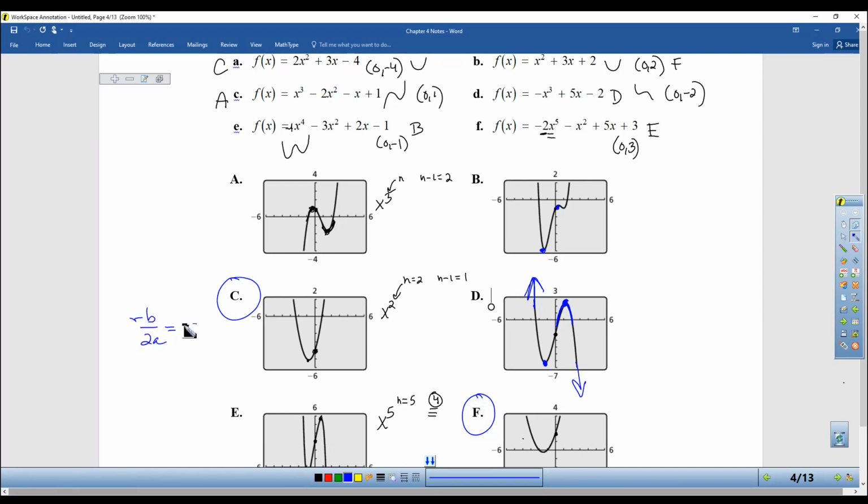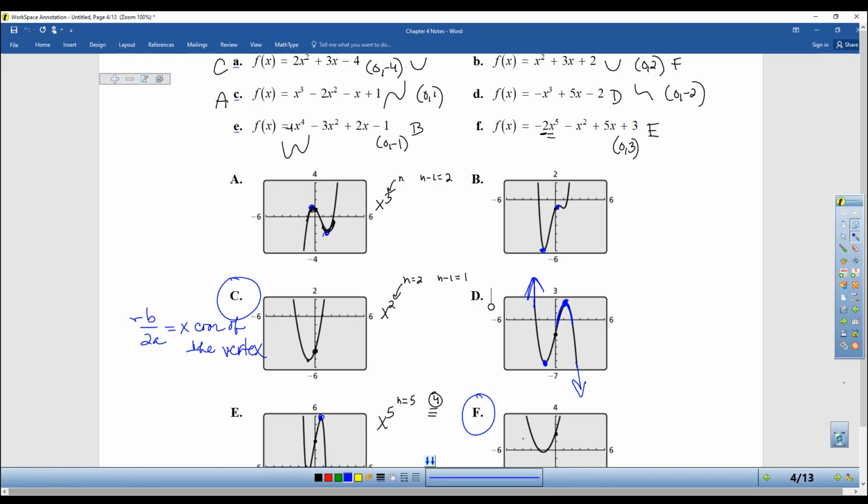That does give you the x-coordinate of the vertex, which is either the max or the min. So if you have a parabola, then you can do it. But on these cubic functions or functions to the fifth power, you're going to have to use your calculator for a couple more years until we get to calculus and I teach you how to do that.